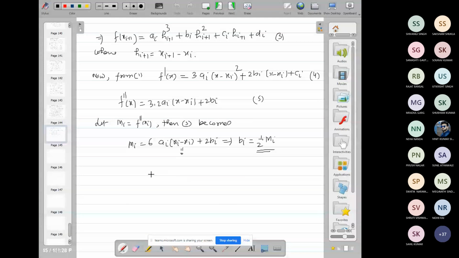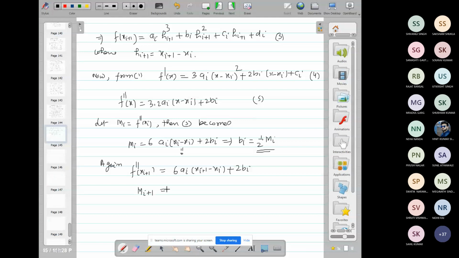Again, from 5, we have f double dash xi plus 1 is equal to 6ai (xi plus 1 minus xi) plus 2bi. So this is mi plus 1.